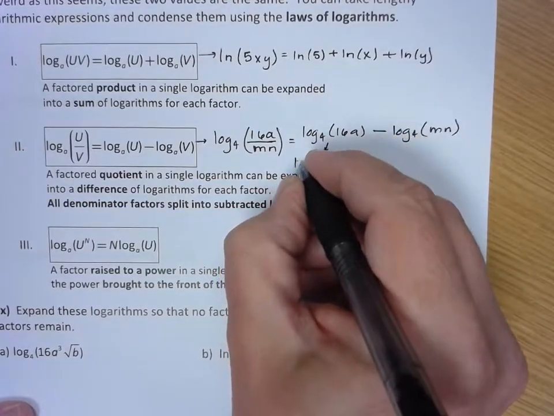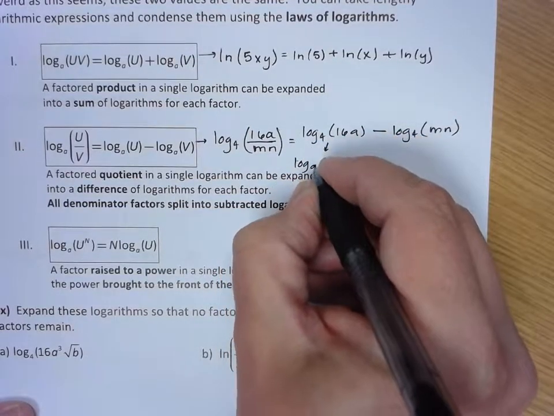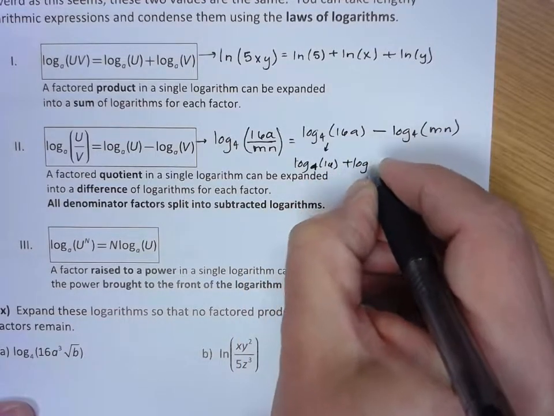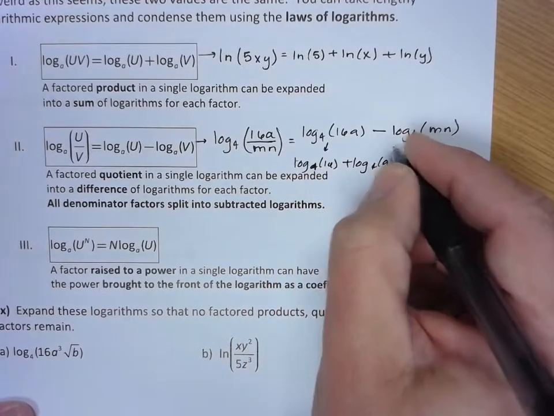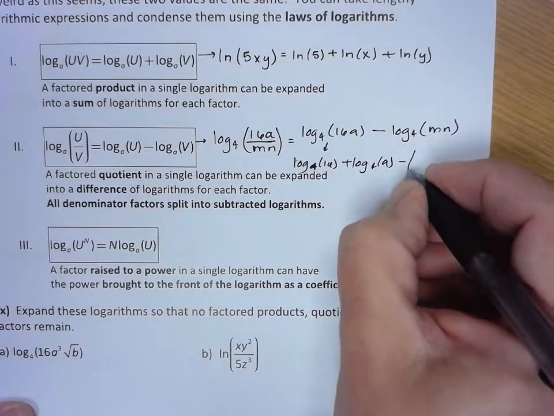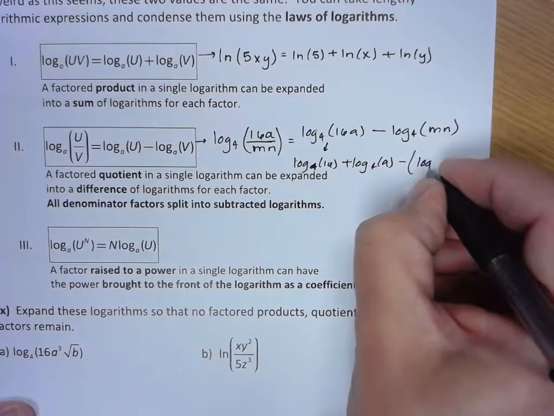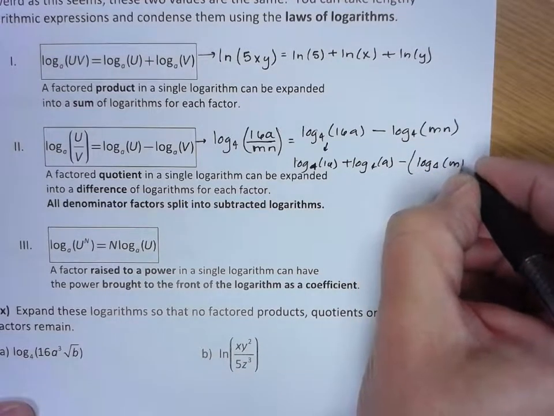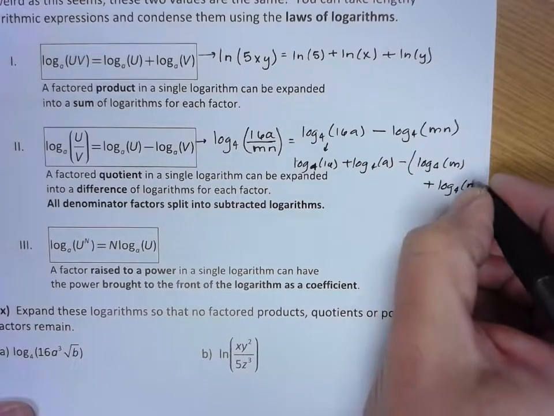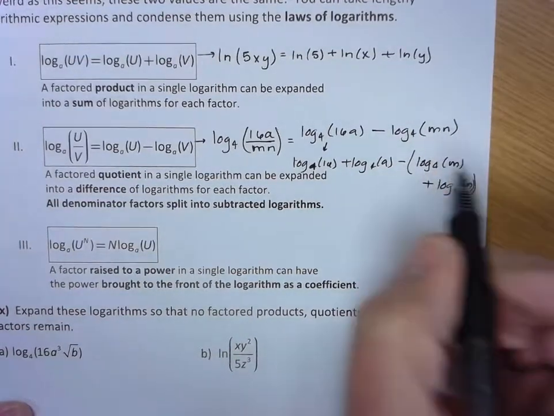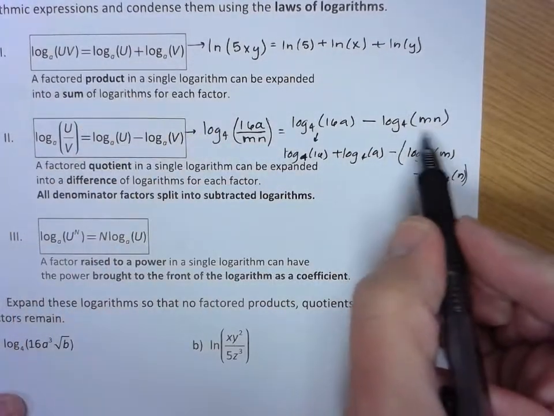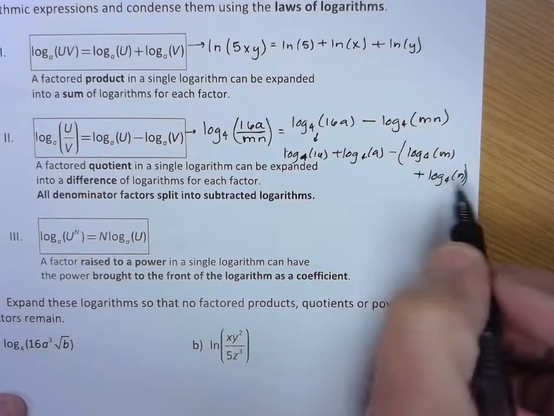this becomes log base 4 of 16 plus log base 4 of a, and then you're subtracting, open parentheses, log base 4 of m plus log base 4 of n. Because, again, that's a factored product. It's got a minus in front of it. So when you use the first property to split this up into a sum, that negative actually distributes through.